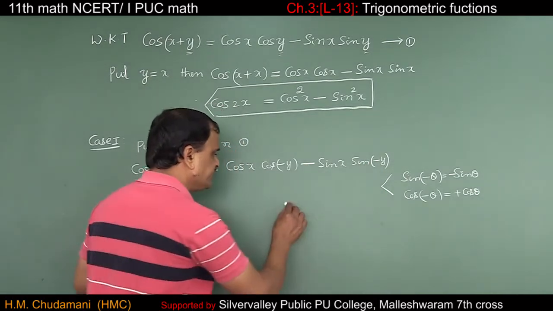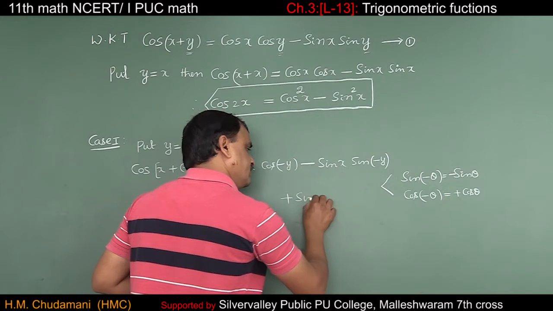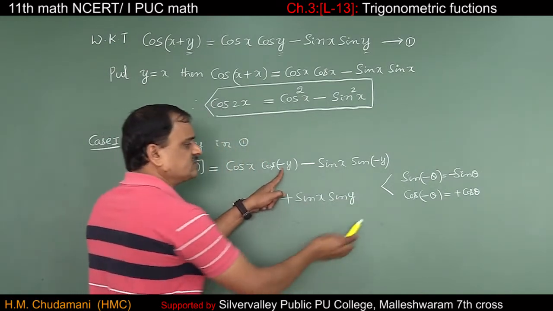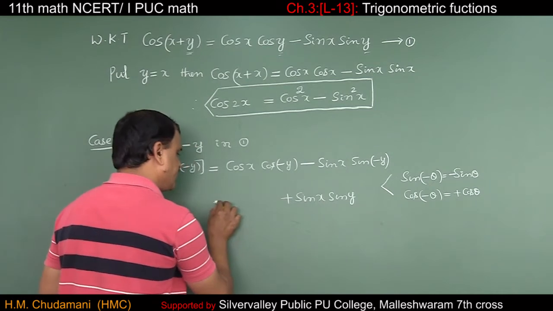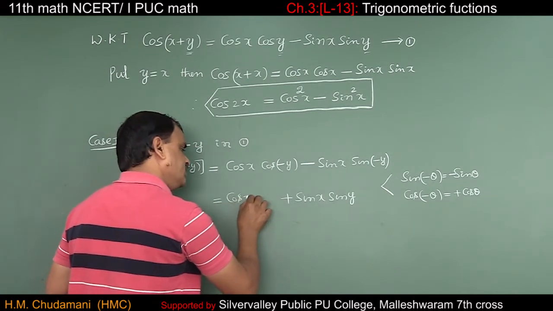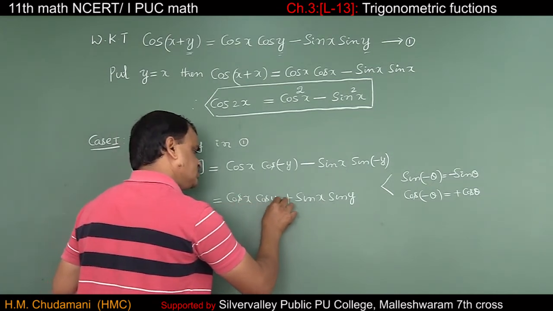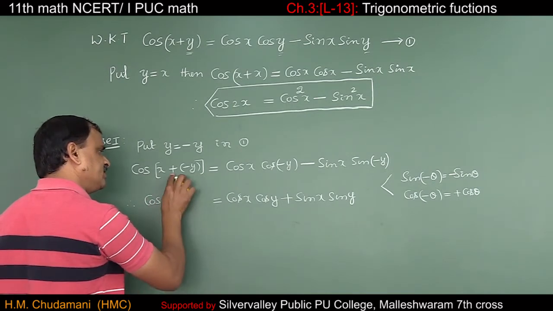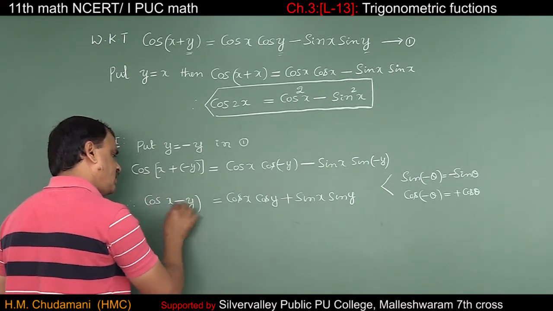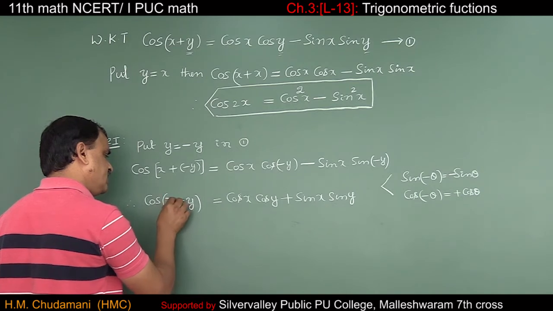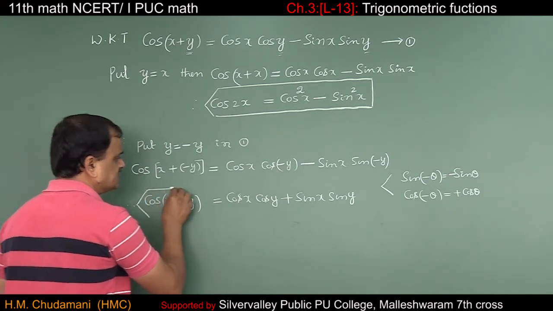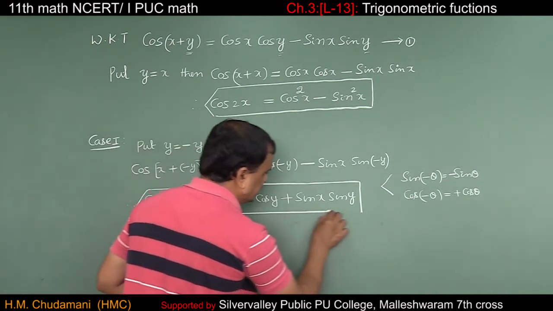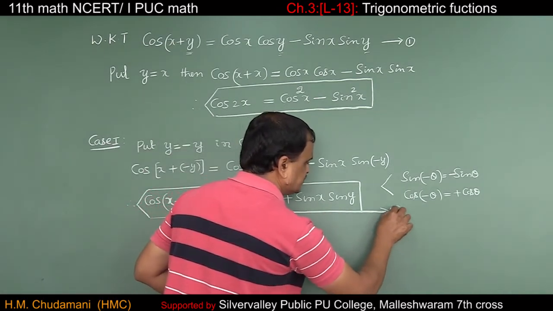Minus into minus plus, sin x sin y. Whereas cos of minus y means plus cos y only. That means cos x into cos y. Therefore, cos of x plus into minus minus, cos of x minus y. Cos of x minus y is equal to cos x cos y plus sin x sin y.